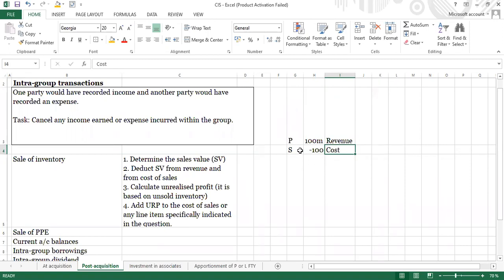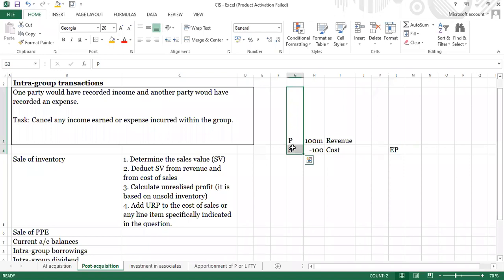A profit will leave the group if this S sells it to an external person. Let's call this external person EP. So if after S has bought from P, S now sells it to EP, then any profit between S and EP has been realized. But any profit between P and S is still within the group. Such a profit must be eliminated.